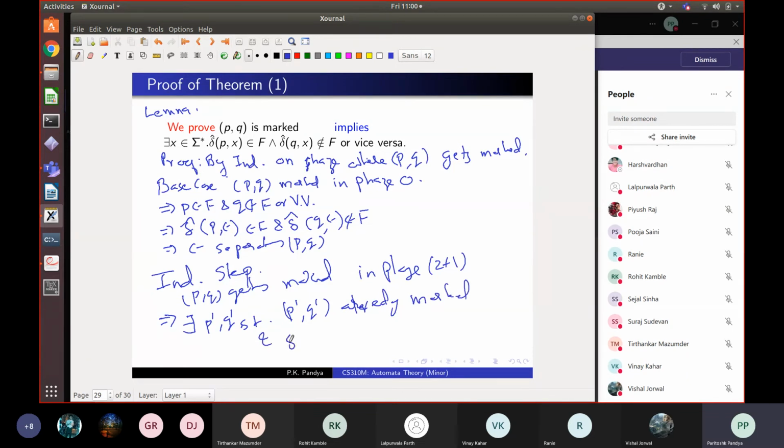And delta of P on a is equal to P prime, and delta of Q on a is equal to Q prime, right? So there must exist a marked pair which you go to on some letter a. Do you agree this is the only way in which we will mark the pair PQ in phase i plus 1?